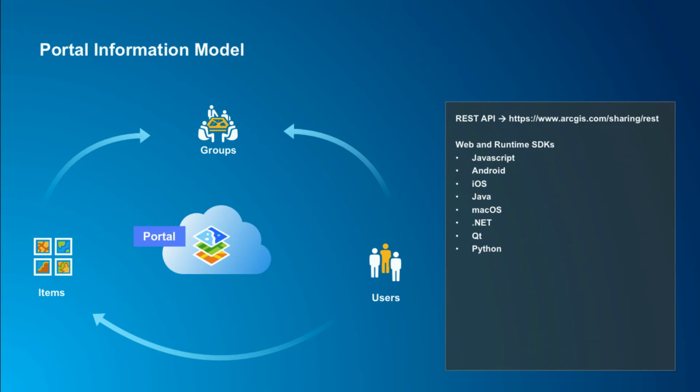As I talk through this, I just wanted to mention that behind these concepts, there is an API. We are at the Dev Summit. This is a developer conference. So there is a REST API that backs each one of these concepts that you can actually use. It's a REST API very much like Server and other ArcGIS APIs that you might have experience with. The REST API returns JSON objects and properties and so on.